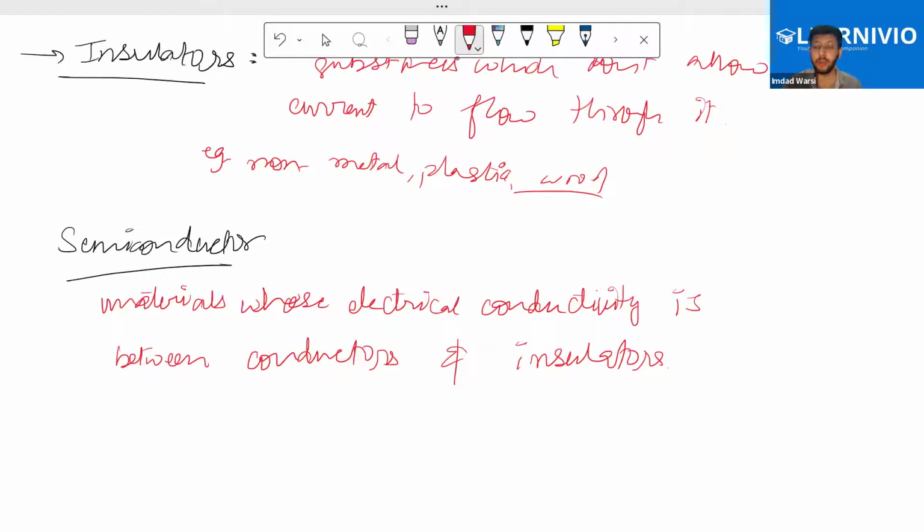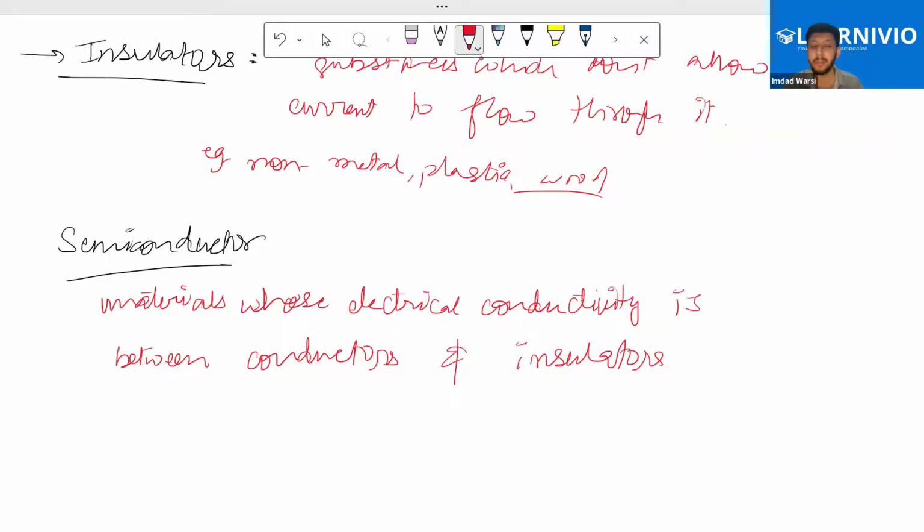If we talk about conductivity, which is very high for conductors, let's suppose I'm taking this line for conductors and this low line for insulators. The semiconductor will lie between them. That is why they have the name semiconductors. Semi means partial or half, right?